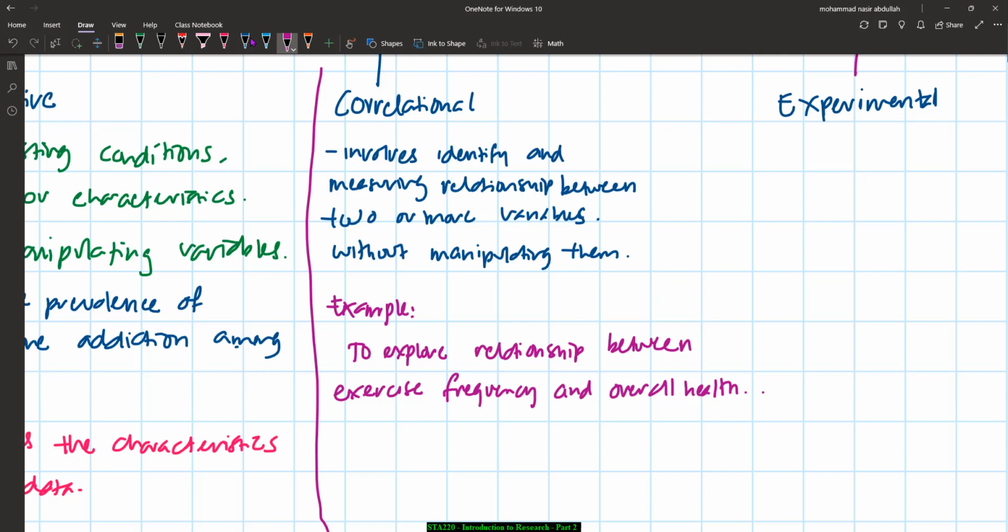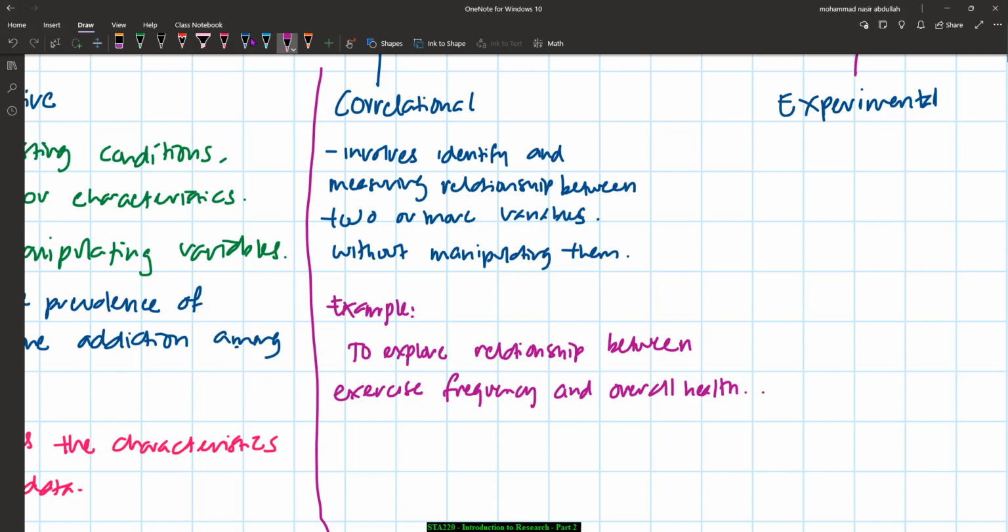Maybe kita nak collect the blood pressure, we want to collect heart rate or BMI, and then we use statistical tests to measure relationship between two variables, maybe exercise frequency and blood pressure, exercise frequency and BMI, and then we can impose some multi-variable analysis, right?